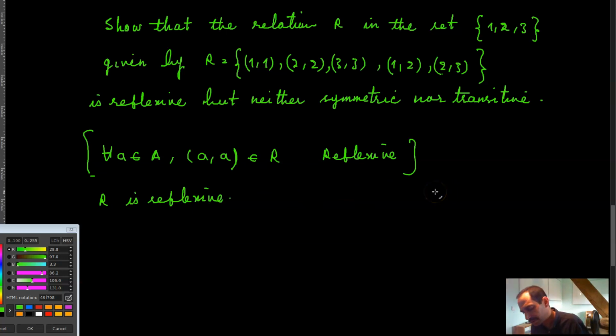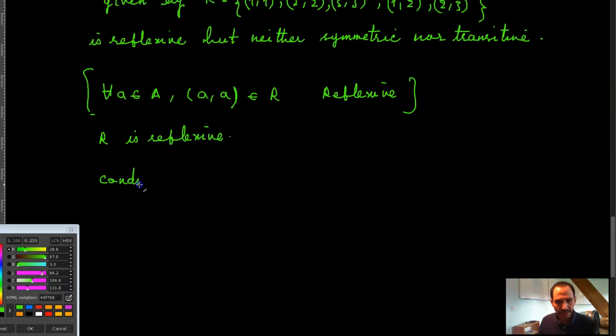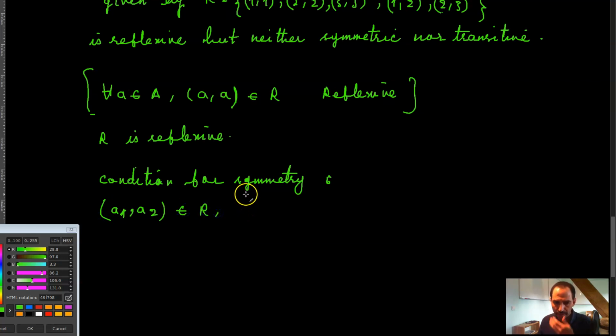For symmetry, the condition we use is that if (A1, A2) belongs to R, then that implies that (A2, A1) also belongs to R. And then we say that R is symmetric, right? This is the condition.